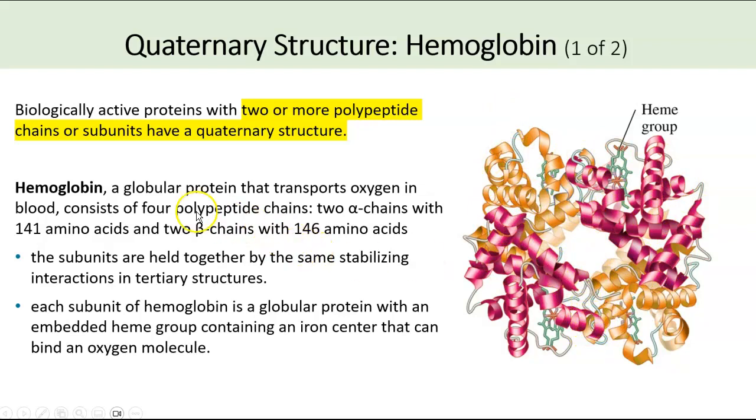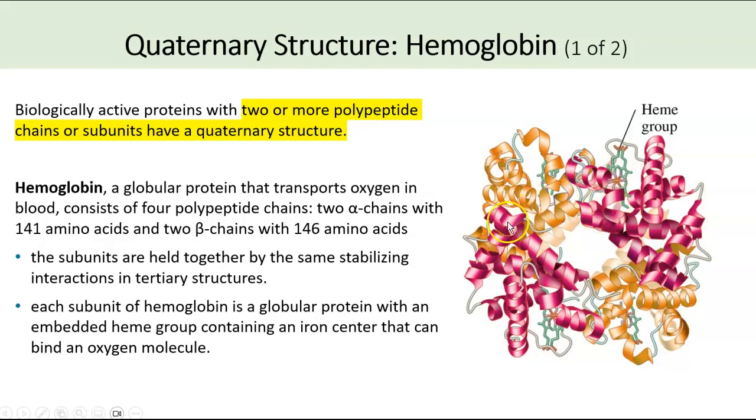Now, just to talk a little bit about hemoglobin protein. This is a globular protein which has the shape of a sphere, and that helps to transport oxygen in blood.